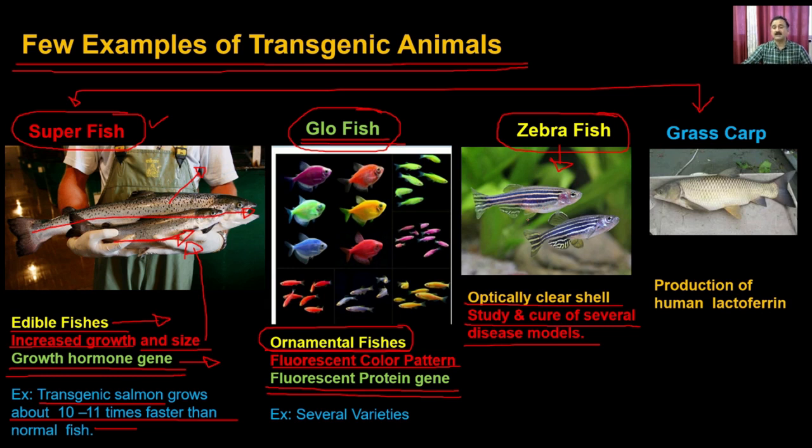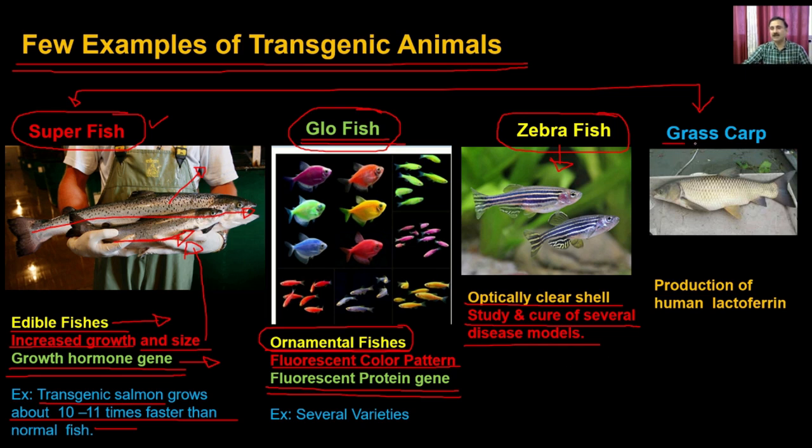So you can study the developmental stages, and apart from that, the zebrafish's cardiovascular system as well as its heart is very close to the human system, so you can study how different types of drugs and other things affect the heart. That is the way you can develop different disease models, and study the progression of a disease as well as its cure.